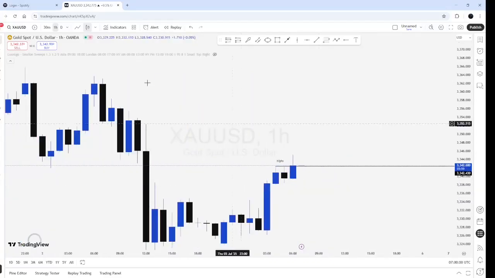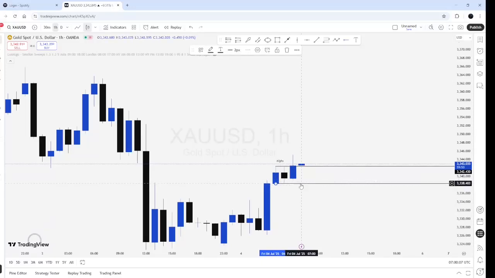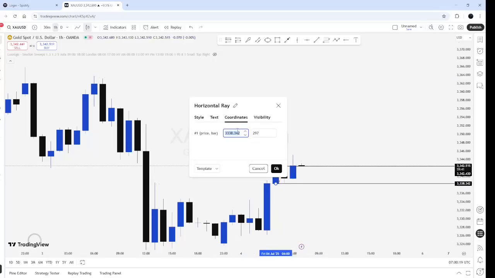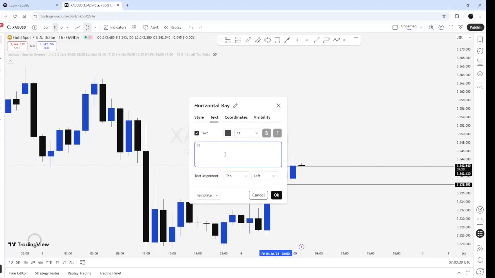So we have the highs. Then after that we have the lows. Now let me plot the lows. The lows is 3338.105. And then text we have lows.